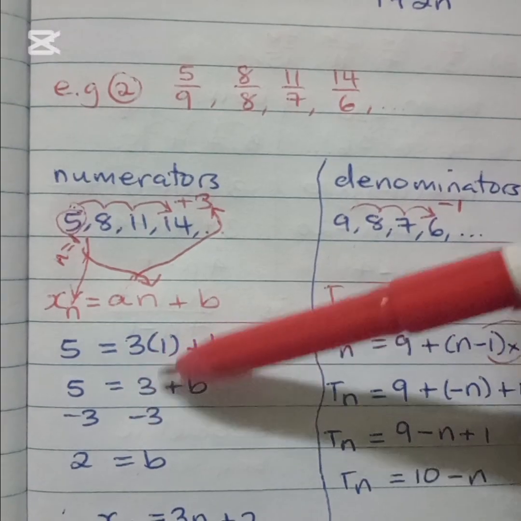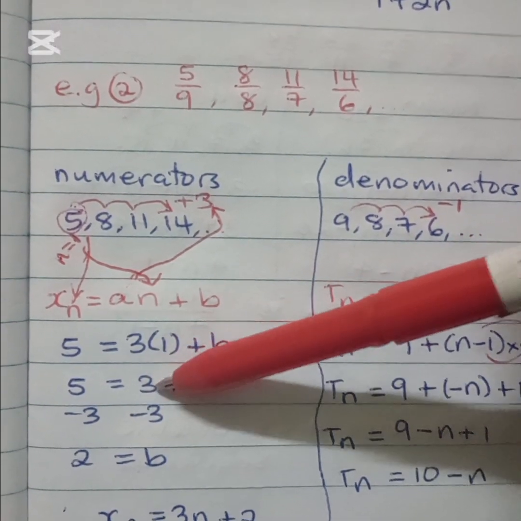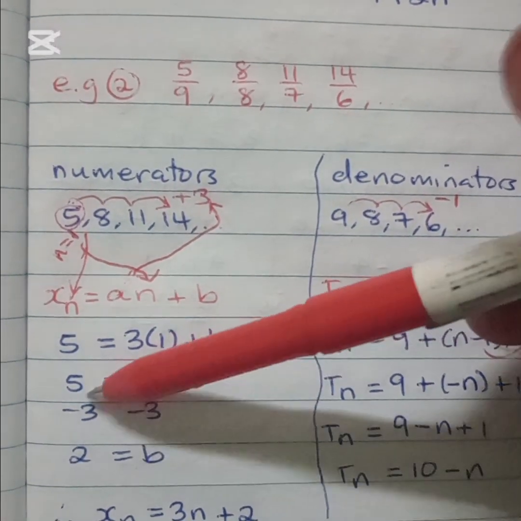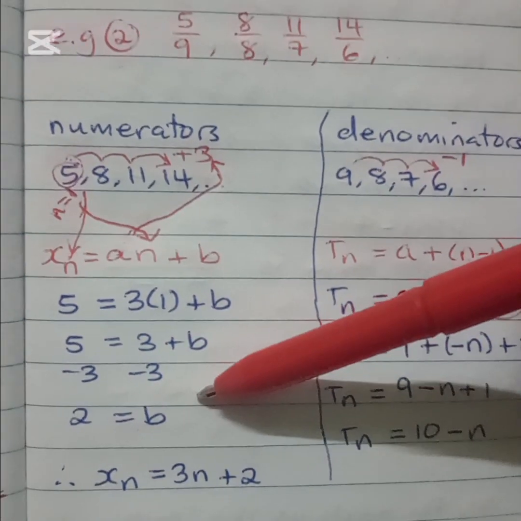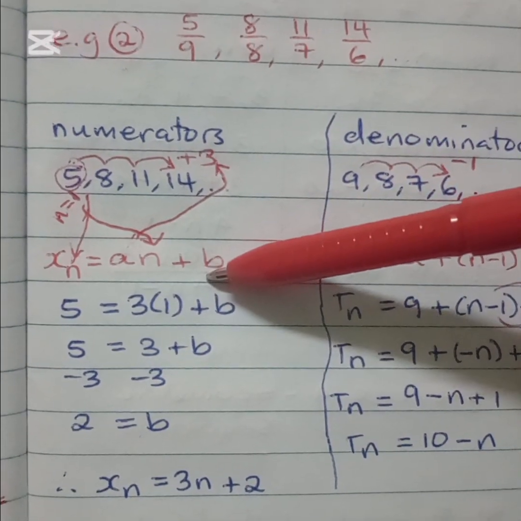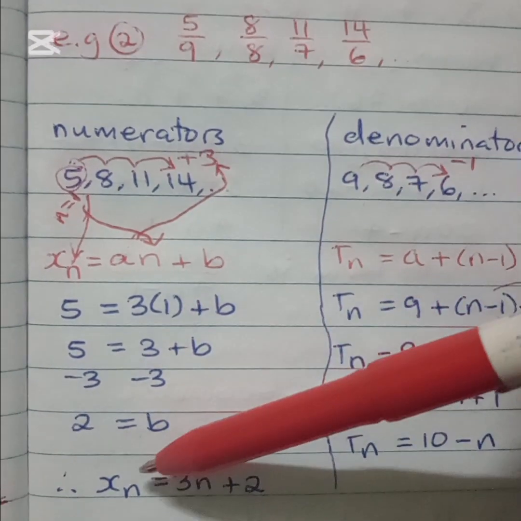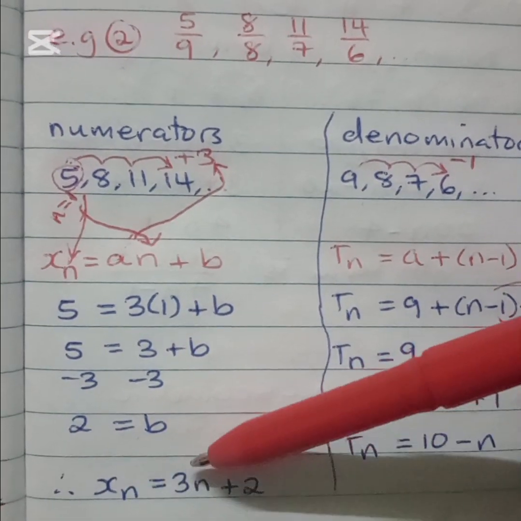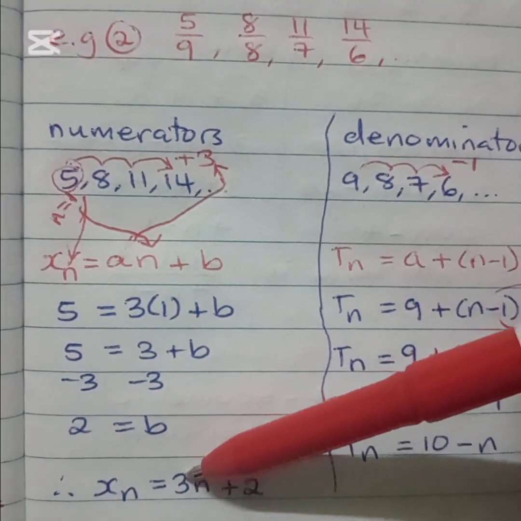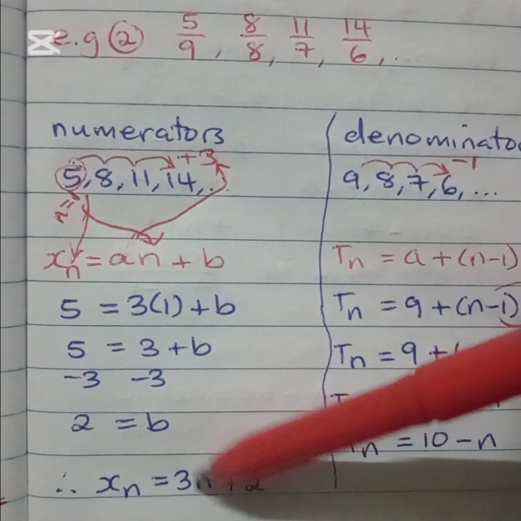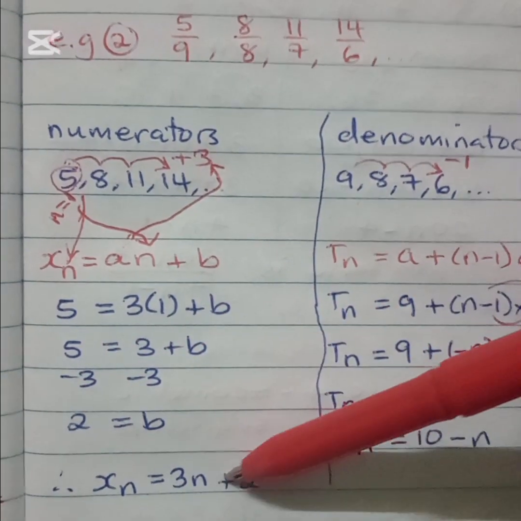So 5 equals 3 times 1, which is 3, plus b. So we minus 3 both sides, giving 2 equals b. So our nth term rule for the numerators is xn equals 3n plus 2.